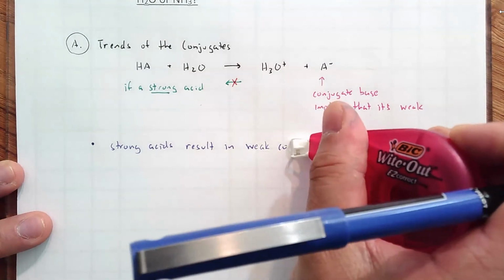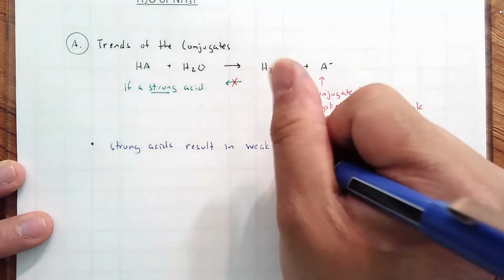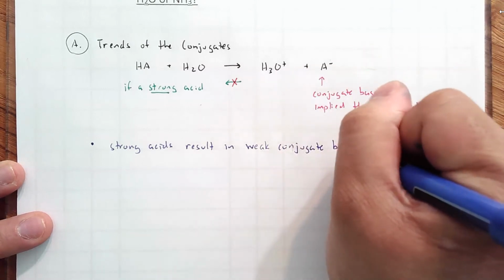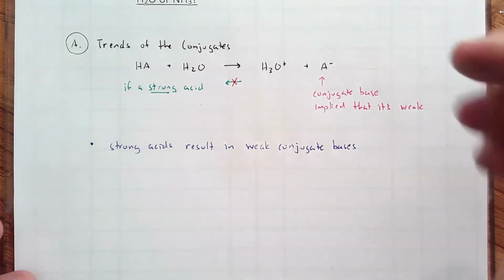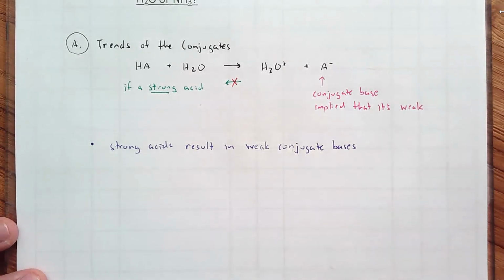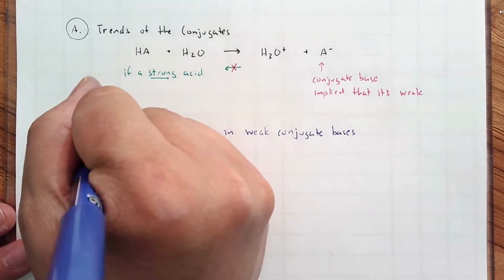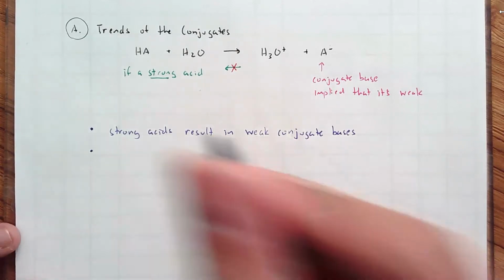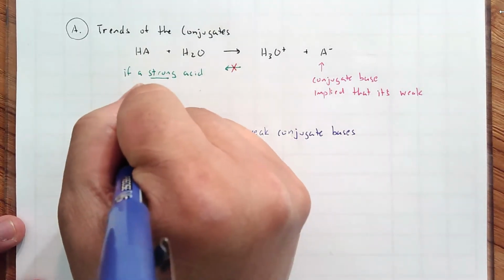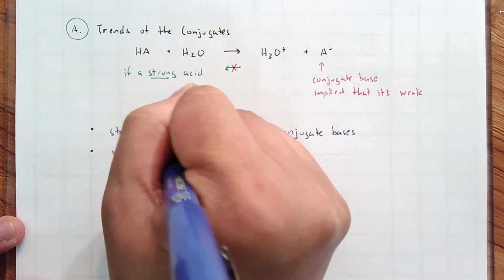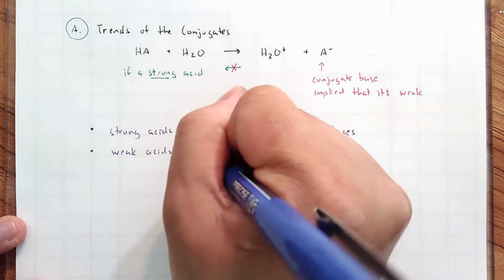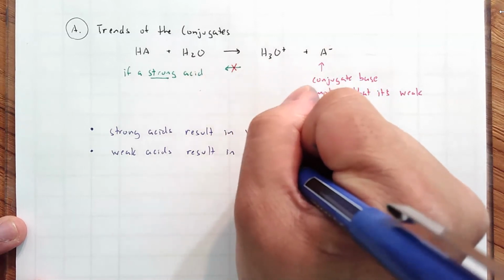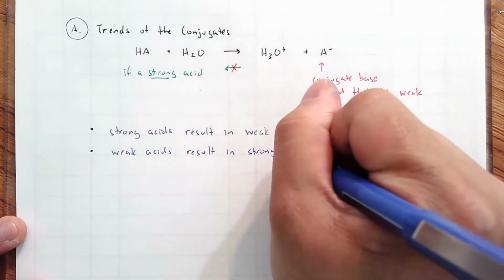Meaning that A minus does not act like a strong base. Well, the corollary is true. Weak acids result in strong conjugate bases.